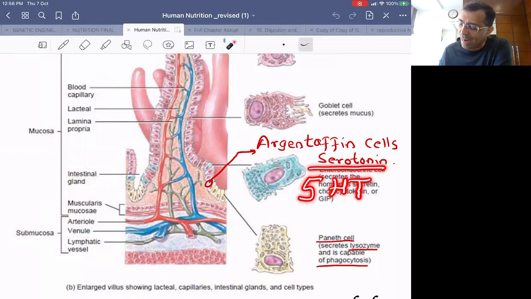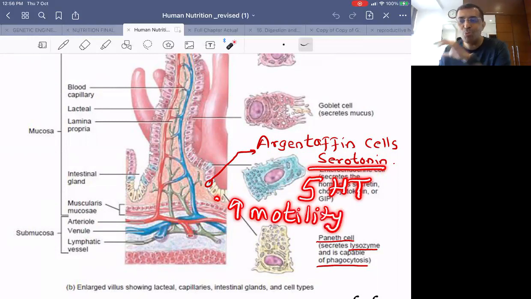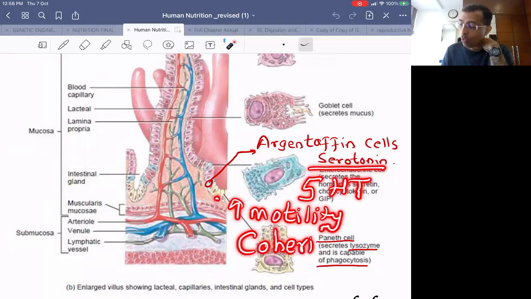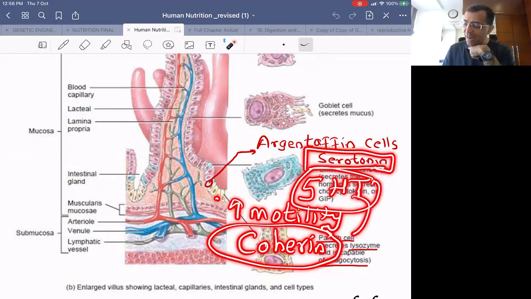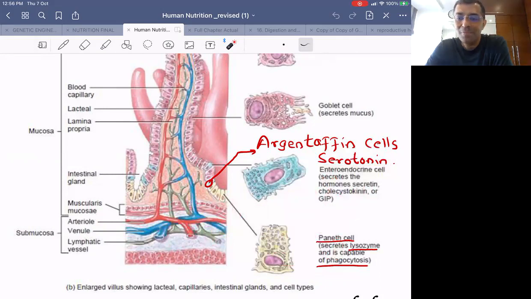Serotonin increases the motility of your small intestine. Peristalsis of the small intestine is controlled by serotonin, 5-hydroxytryptamine, along with another hormone given by your pituitary gland called coherine. So serotonin and coherine increase the motility of your small intestine.